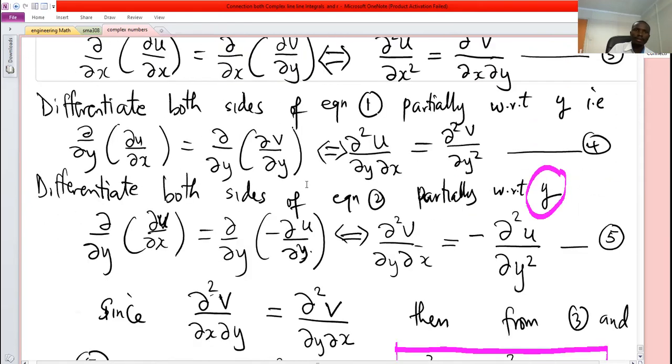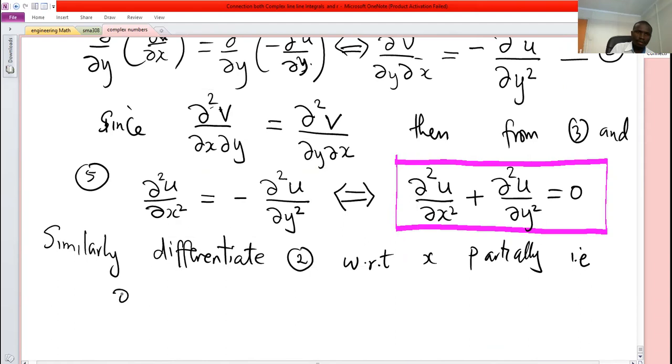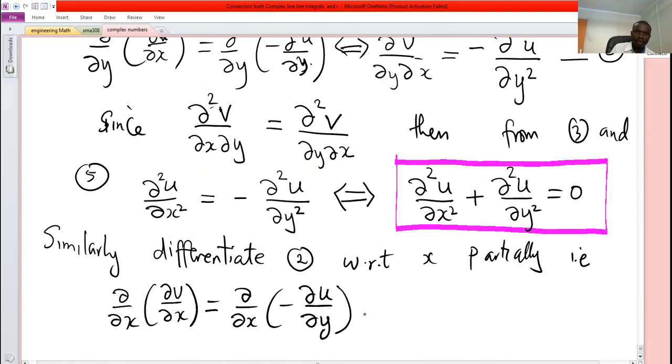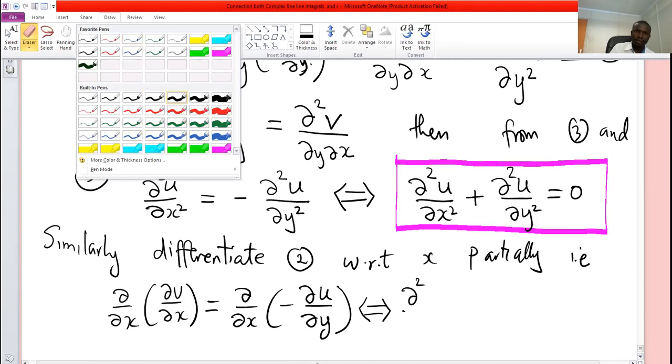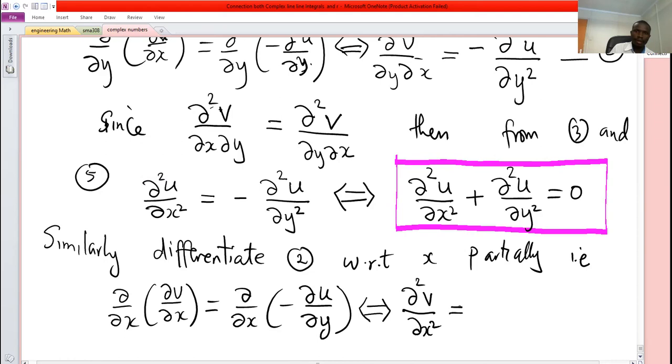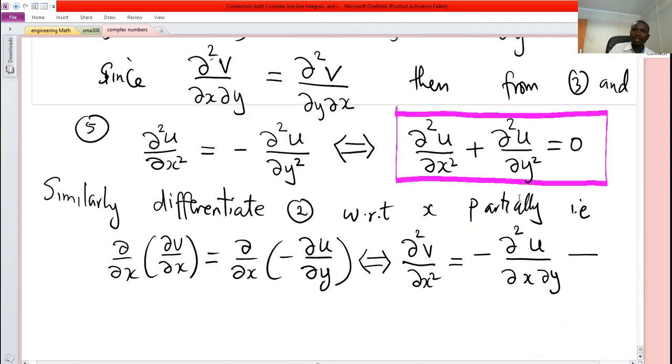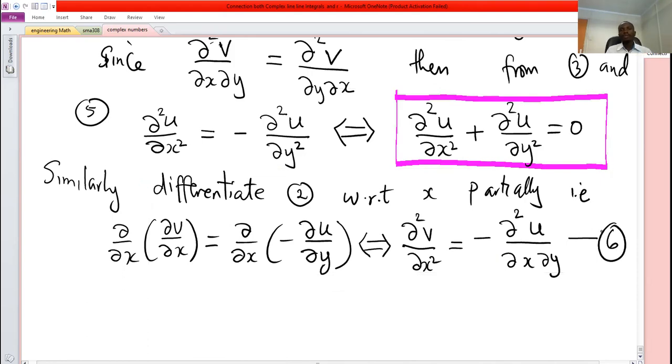So we'll have partial x of partial v partial x equals partial x of minus partial u partial y, which tells us that partial squared v partial x squared equals minus partial squared u partial x partial y. Call this one equation 6.